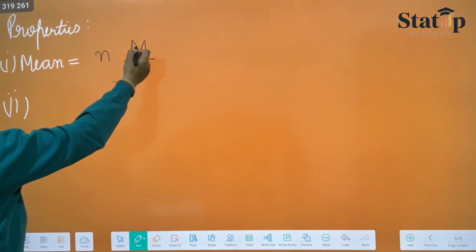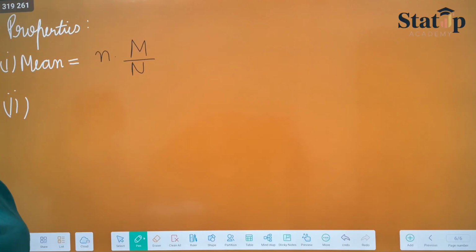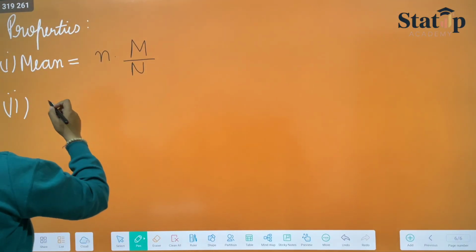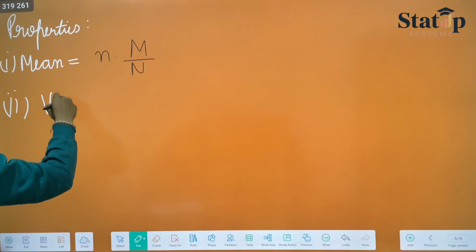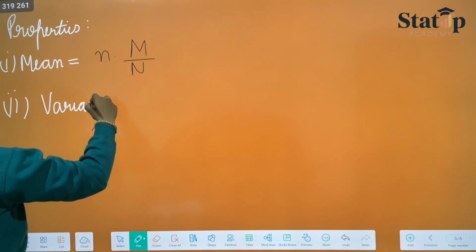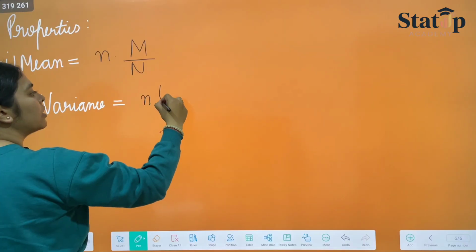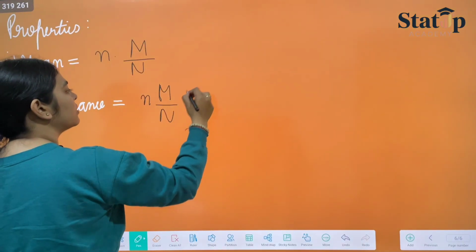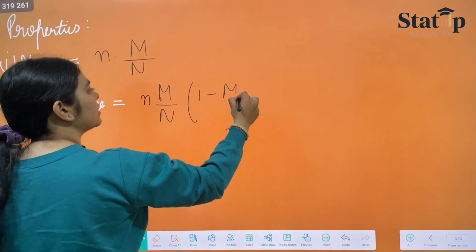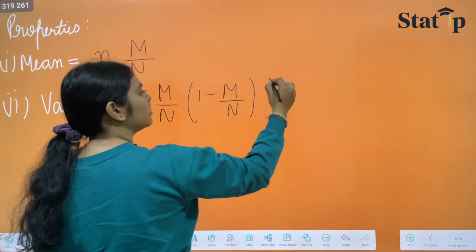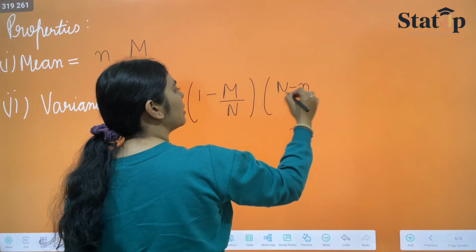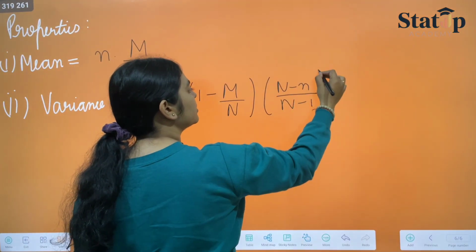That's why the numerator is of white balls. If you have to calculate for black balls, then the numerator will be capital N minus m. If we are talking about the variance of hypergeometric distribution, it will be n times m upon N times 1 minus m upon N times N minus n upon N minus 1.